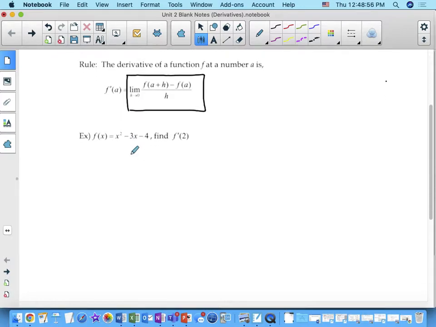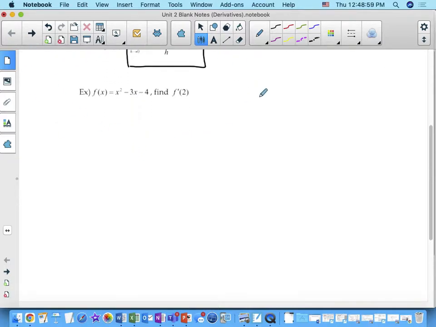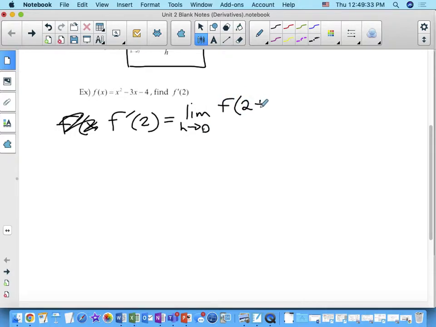We use limits. So for example, if we wanted to know the slope of the tangent line for this function at this specific point, well, the derivative of the function f of x where x equals 2 is the limit as h approaches 0 of f of 2 plus h minus f of 2 over h.